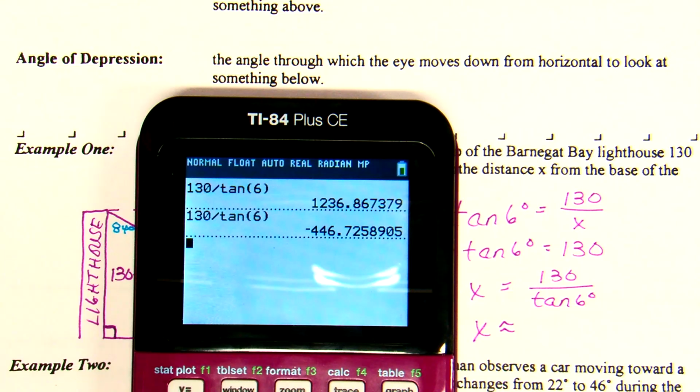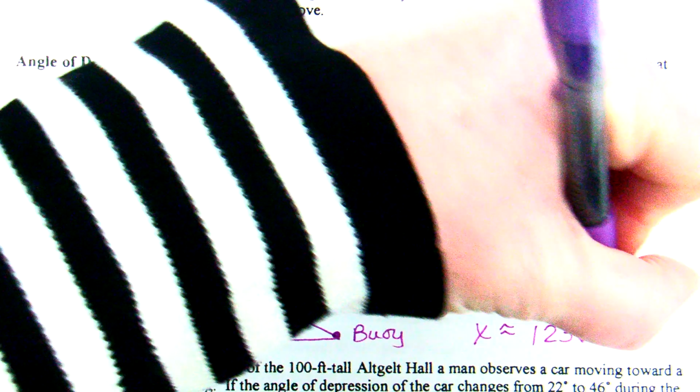Okay, so this is a distance, x, so I have 2 decimal places on mine. So 1,236.87 feet.